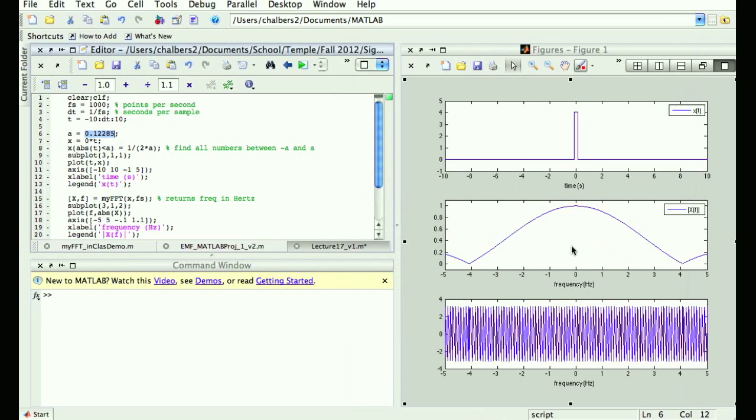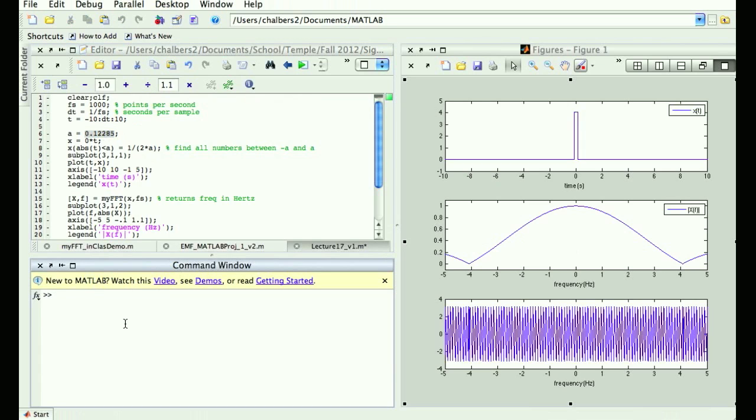Okay, so as I let my rectangle become an impulse, what happens to the frequency content of that signal?